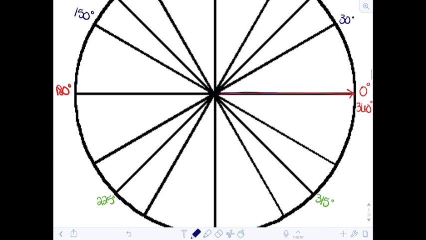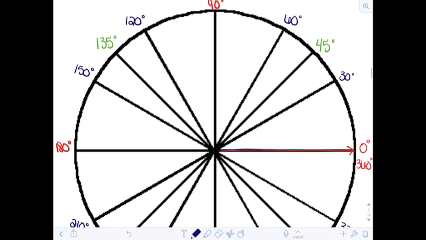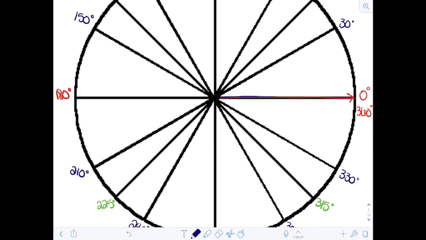Plus 30 is 180. Plus 30 is 210. Plus 30 is 240. Plus 30 is 270. Plus 30 is 300. Plus 30 is 330. And then plus 30 is back at 360. So here are the degree measures all the way around the unit circle in all 4 quadrants.